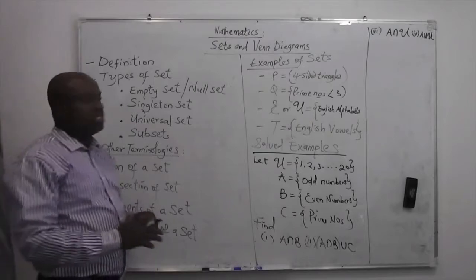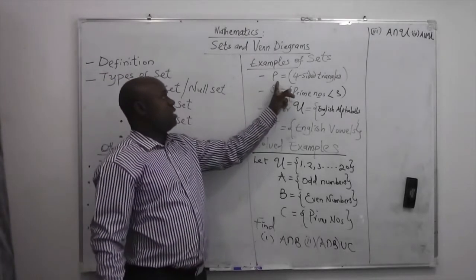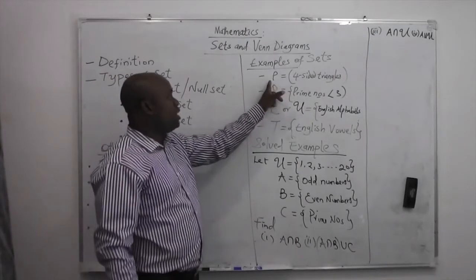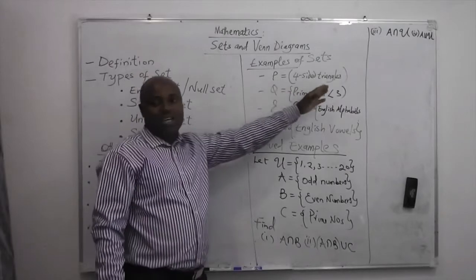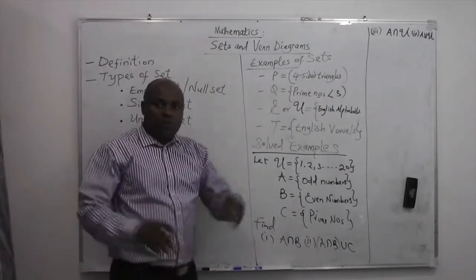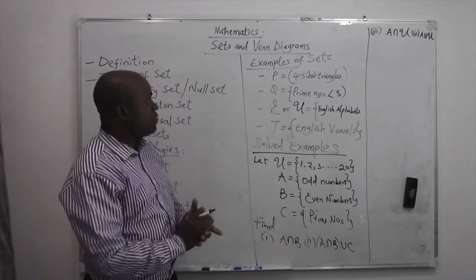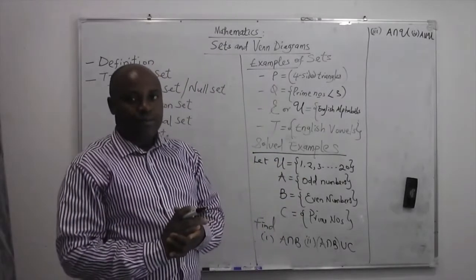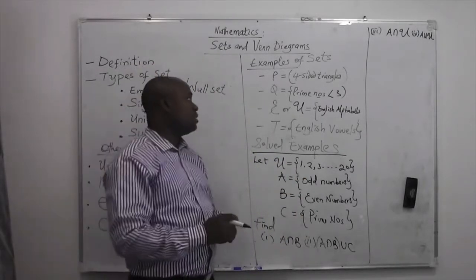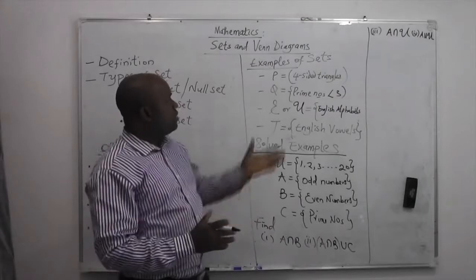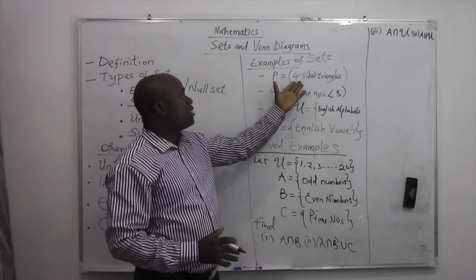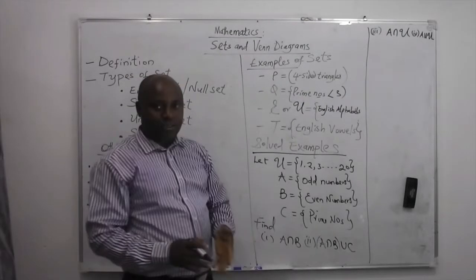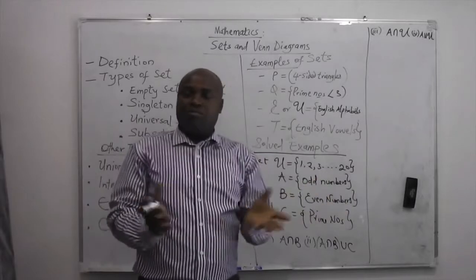An example of an empty set is a set here represented as P equal to four-sided triangles. Of course, you know what a triangle is. A triangle has how many sides, class? 3 sides, that's correct. That means when you say there's a particular triangle that has 4 sides, it sounds meaningless.